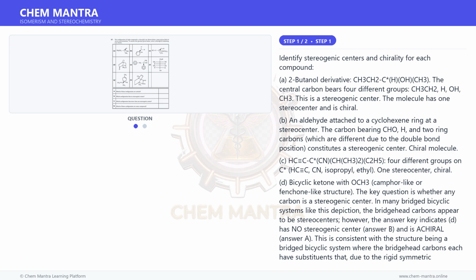The structure has 2 bridgehead carbons each bearing CH3. Due to the symmetric bicyclic framework with 2 identical substituents and C=O groups symmetrically placed, the molecule has 2 stereocenters but possesses an internal mirror plane, making it a meso compound. Therefore, more than 1 stereogenic center, answer C, achiral, answer A, meso, answer D.